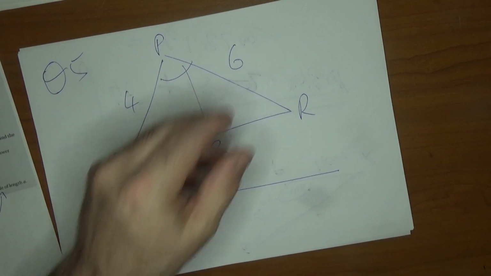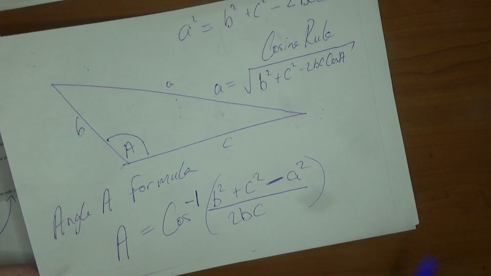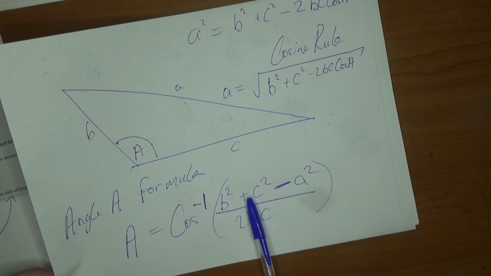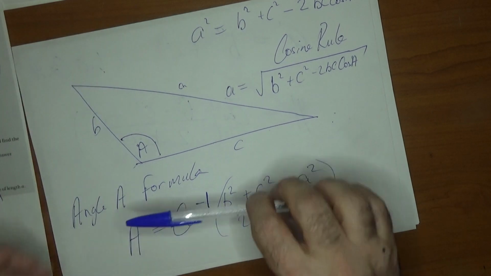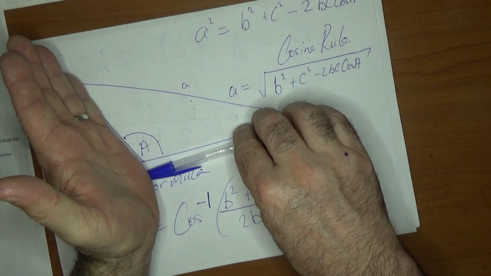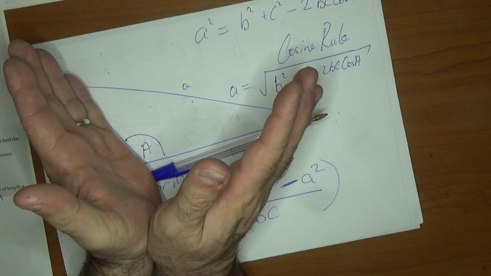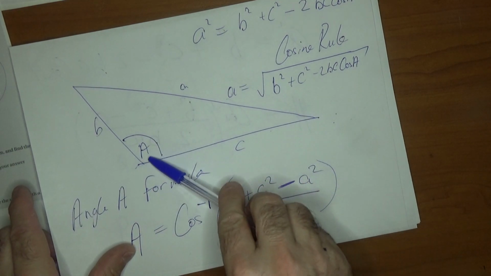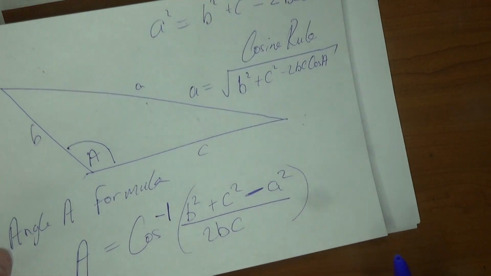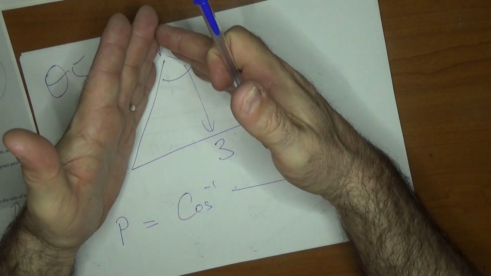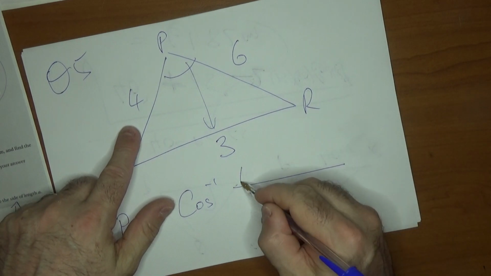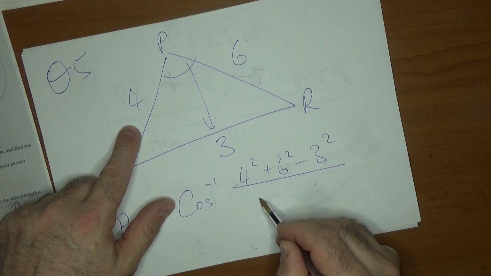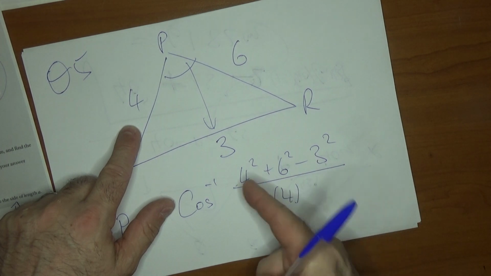If I want an angle, I'm going to do an inverse cos of the flanking sides, the sides that are the arms of the angle itself, squared and squared, minus the opposite side squared. So we're talking about 4 squared plus 6 squared minus 3 squared over 2 times that by that.